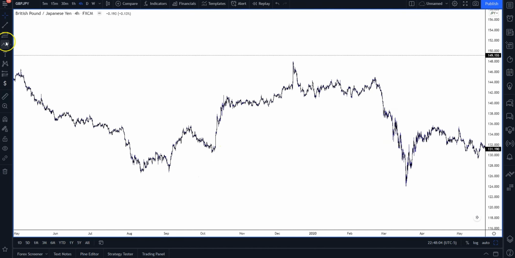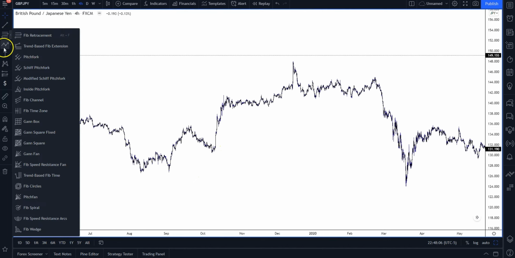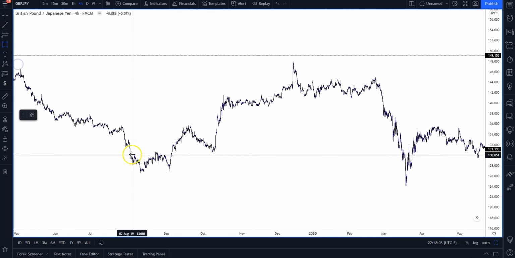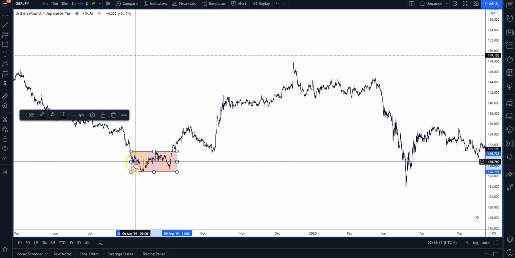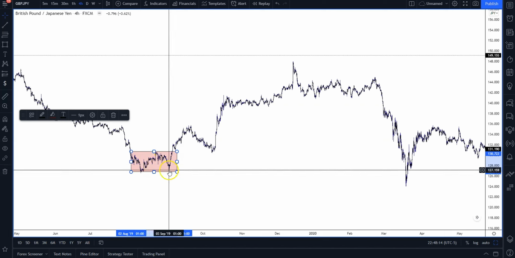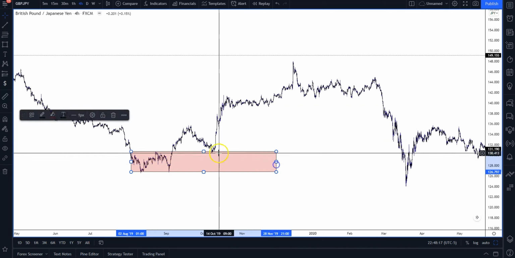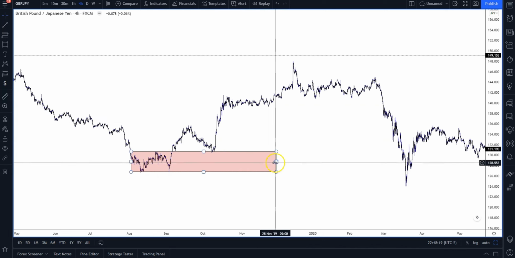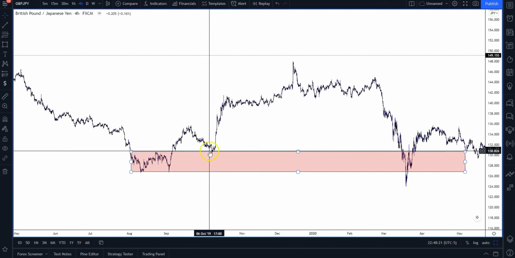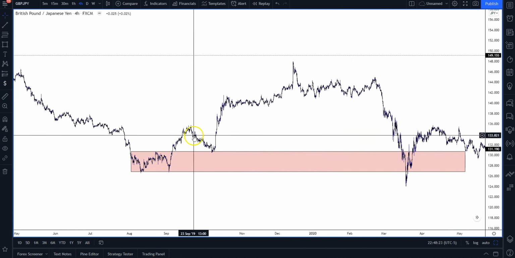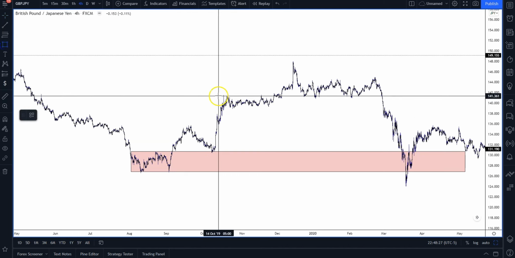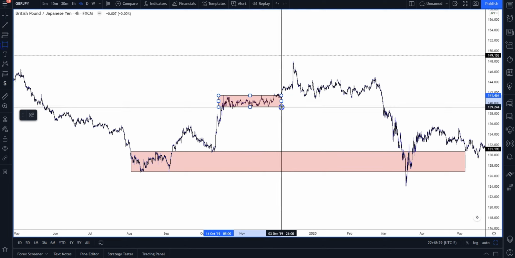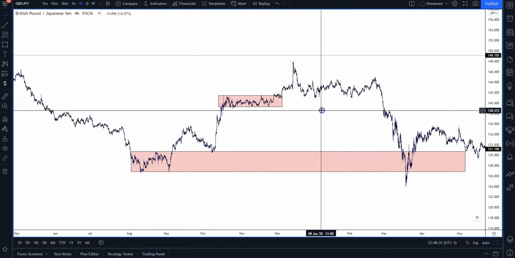This consolidation is considered accumulation. So price orders are being accumulated all down here, right? This is the accumulation zone. So it came out of that zone, bounced out, and this is a reaccumulation. So more orders are being accumulated here.